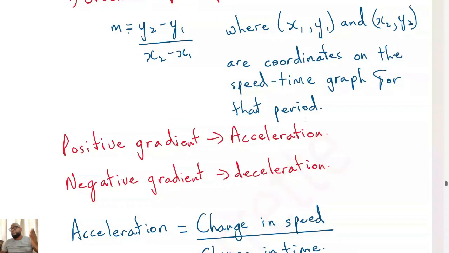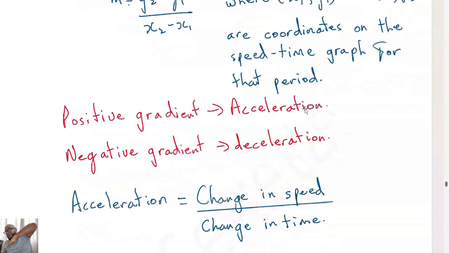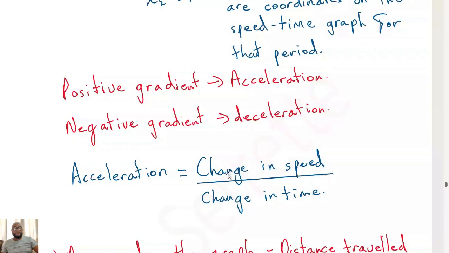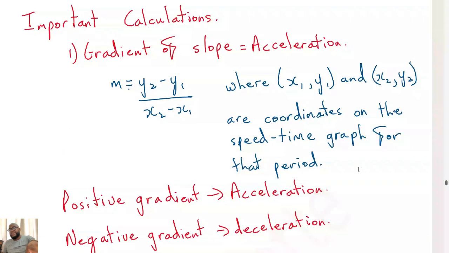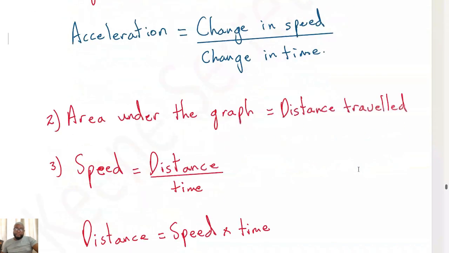Positive gradient means acceleration. Negative gradient means deceleration. In physics, you can write acceleration as change in speed divided by change in time. It's the same formula we have above.